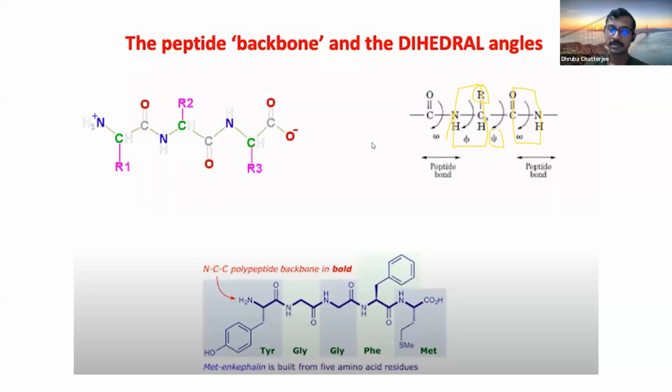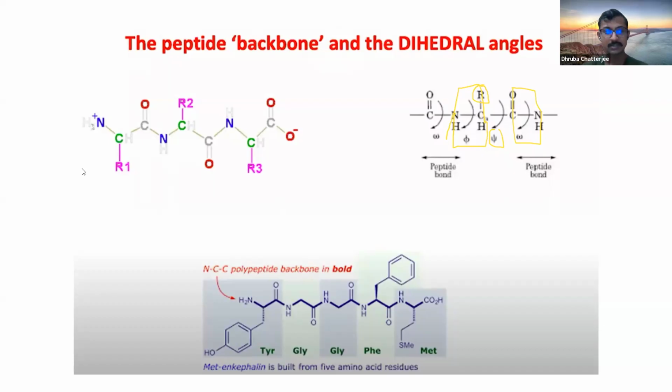So the amino acid composition is important not only for the interactions that they can drive, like hydrogen bonding, hydrophobic interaction, van der Waals interaction, electrostatic interaction, but also for what phi and psi dihedral angles they can assume that govern their three-dimensional structure.